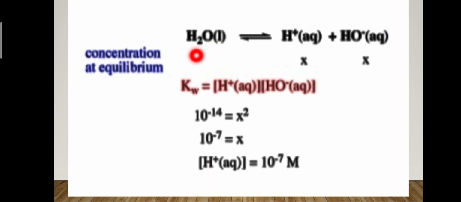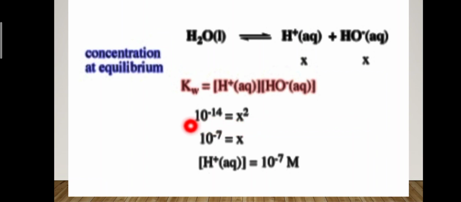At equilibrium, H2O after autoionization becomes H positive and OH negative. So its concentration is denoted by X, which is the concentration of H positive, exactly equal to the concentration of OH negative. So Kw, that is 10 raised to the power minus 14, is equal to X square.